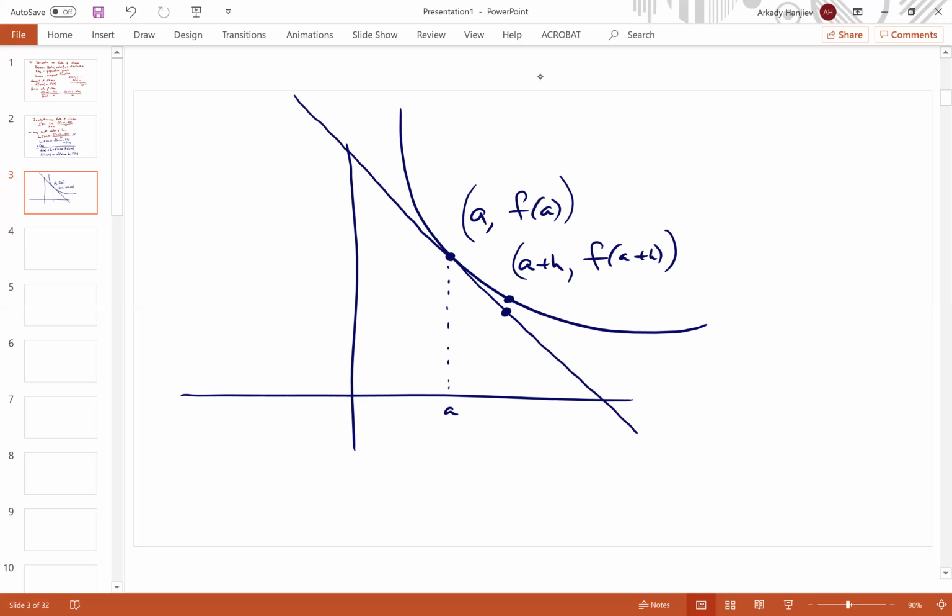So notice this formula is, if we kind of think about it, this is your tangent line formula from before. This is your slope times your length.